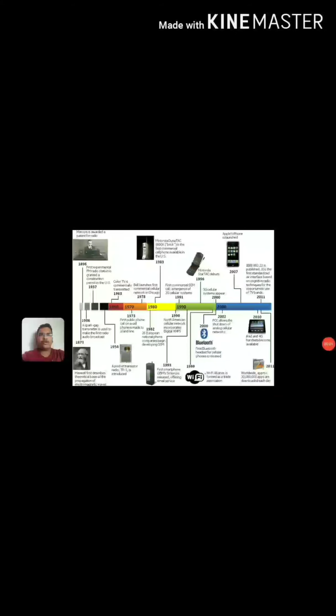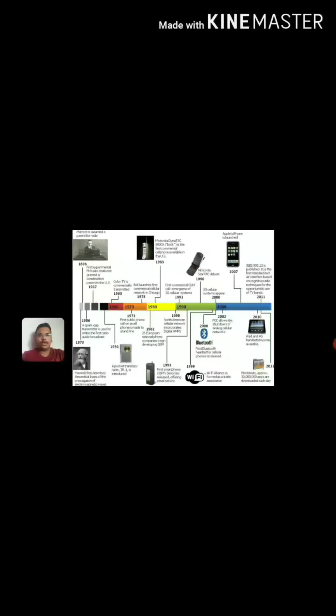Evolution of wireless technology. The evolution of wireless technology started from 1873. It is going on till now. Nowadays, the evolution of wireless technology is growing in wider areas and in a wide way, like nanoparticles and fiber optics, etc. The first radio was invented in 1906.